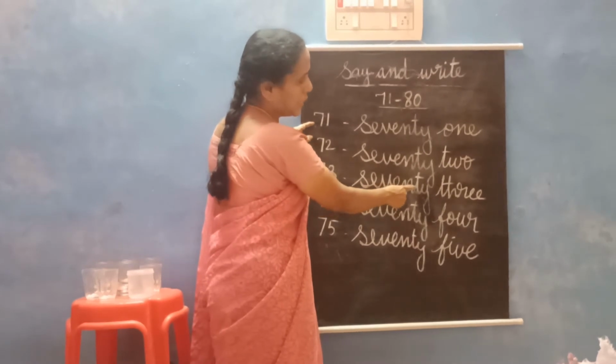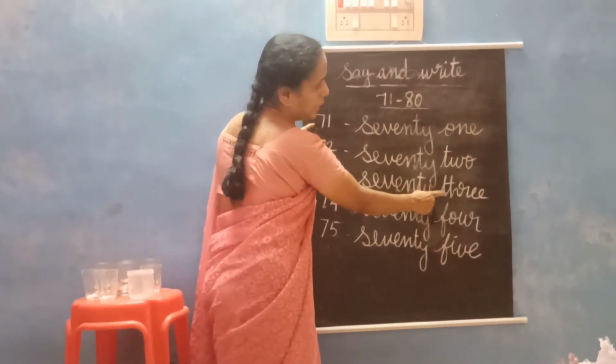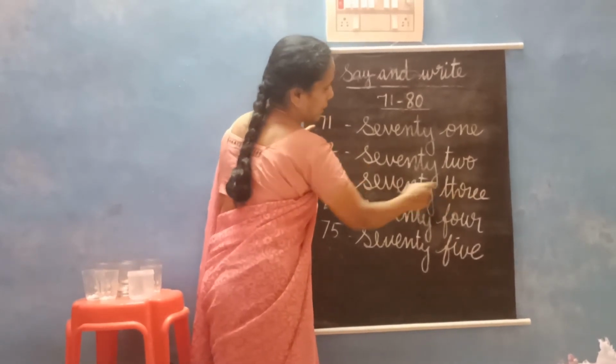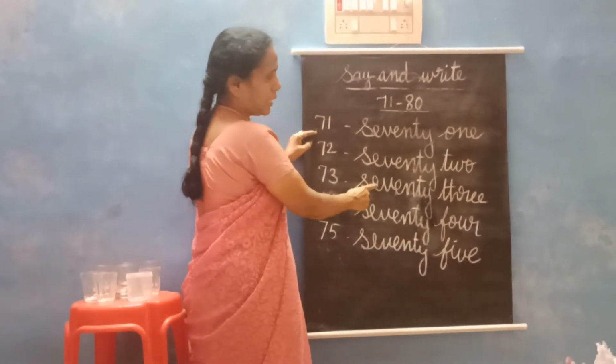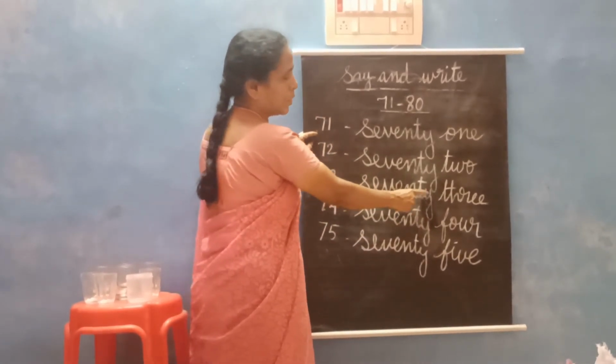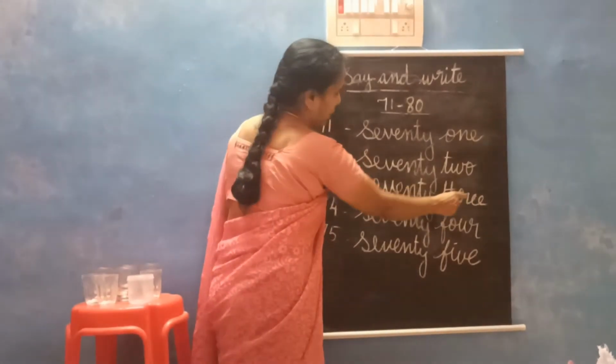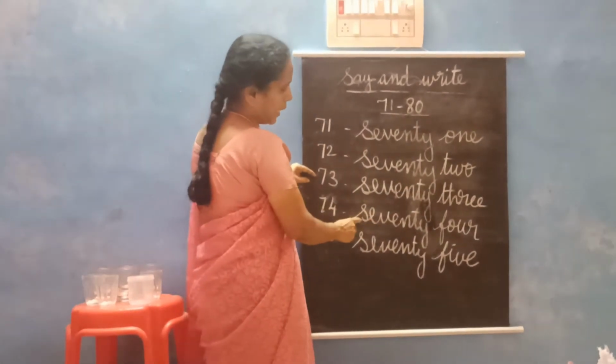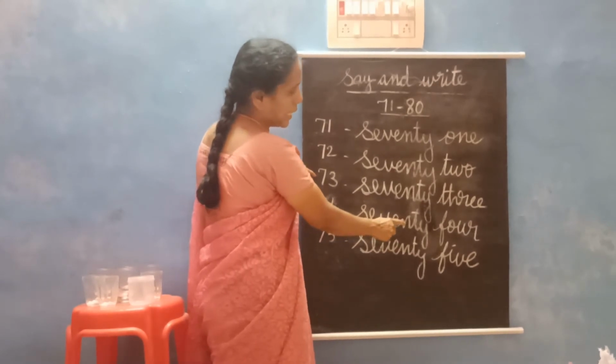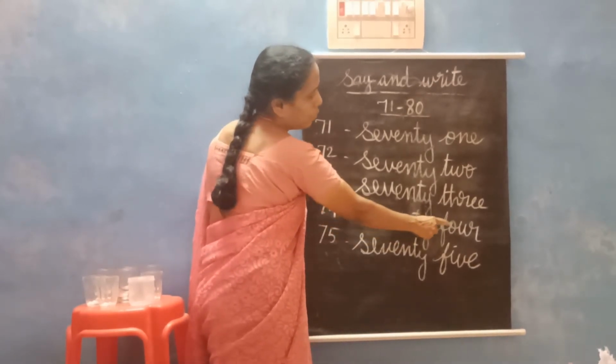73. SEVENTY. 73. THREE, 3. 73. SEVENTY 73. THREE. 73. 74. SEVENTY 74.